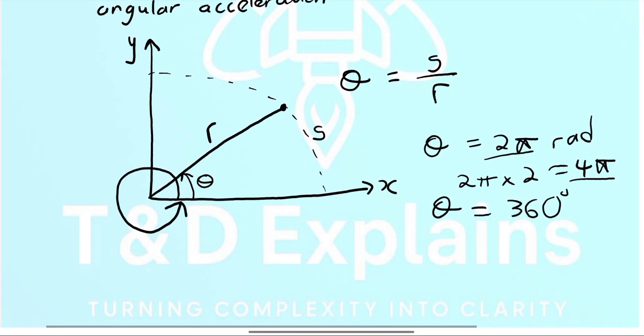So we denoted here that this is our rotational coordinate theta.